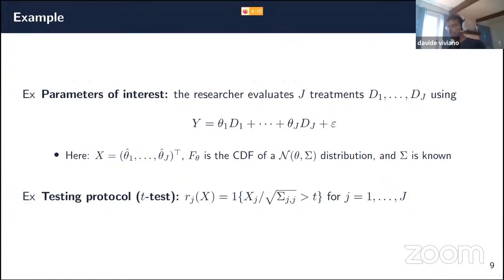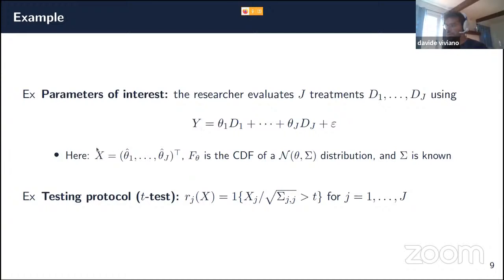To convey the main idea, let me give you a simple example. In this example, we have capital J treatments, and we can define each treatment to be a binary indicator running from D1 to DJ. Let me consider a simple model where y depends on θ1 times D1, that is, the treatment effect of the first policy times whether the first treatment has been implemented, up to the capital J treatment times the treatment effect of that policy as well.